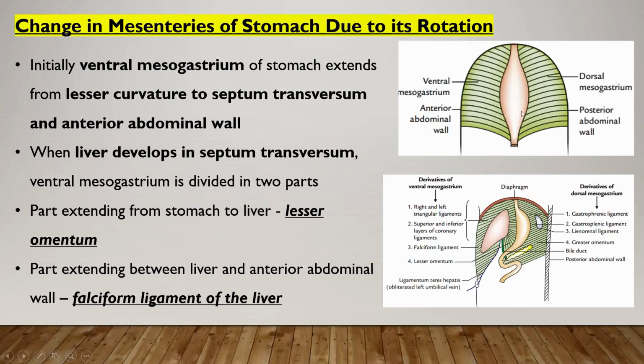But when the liver develops within the ventral mesogastrium, it is divided into two parts. The part between the stomach and the liver is known as the lesser omentum, and the part attaching the liver with the anterior abdominal wall forms the falciform ligament of the liver.